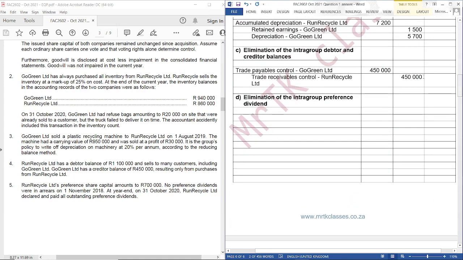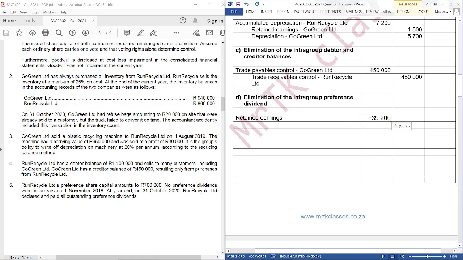So what we are going to do is simply transfer that amount from retained earnings. So we are going to decrease our retained earnings, because we are transferring from retained earnings. The amount is on my clipboard, right?